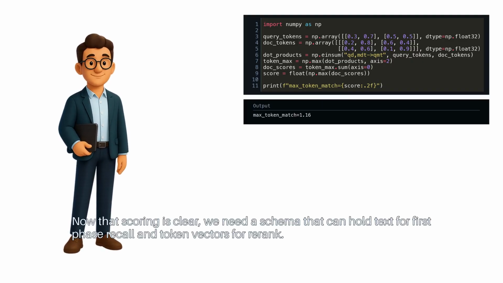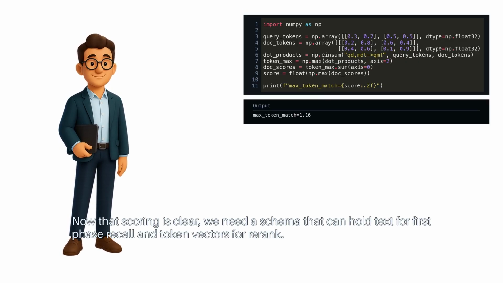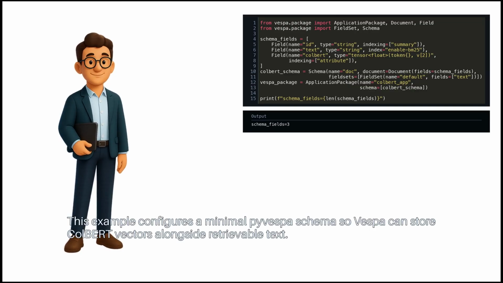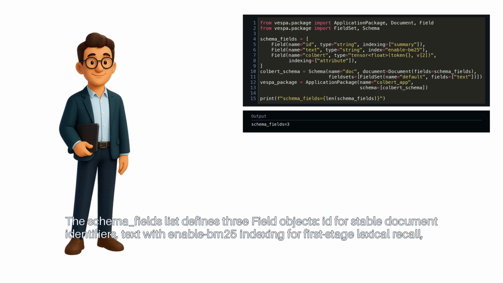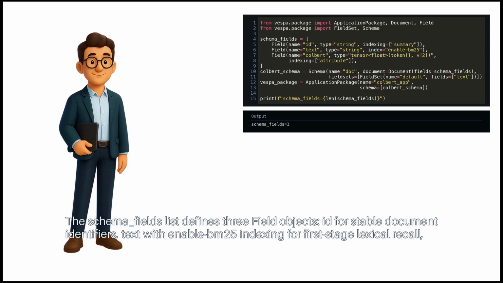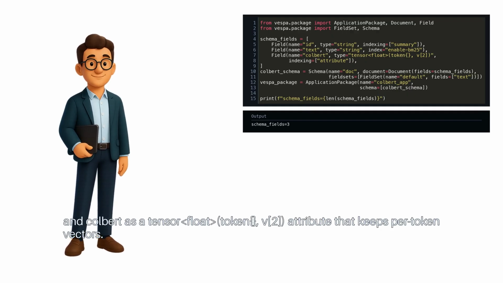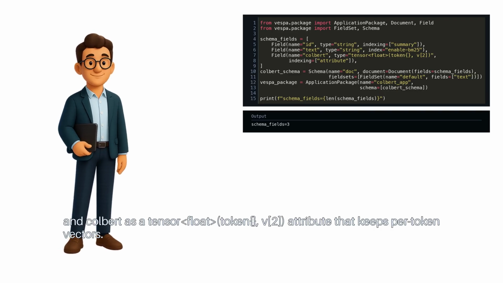Now that scoring is clear, we need a schema that can hold text for first-phase recall and token vectors for rerank. This example configures a minimal pyvespa schema, so Vespa can store ColBERT vectors alongside retrievable text. The schema fields list defines three field objects: id for stable document identifiers, text with enabled BM25 indexing for first-stage lexical recall, and colbert as a tensor<float>(token{}, v[2]) attribute that keeps per-token vectors.